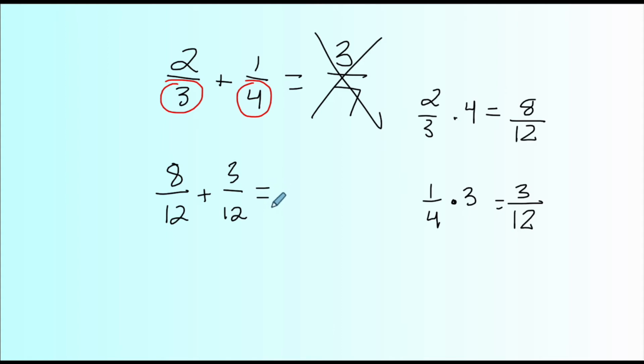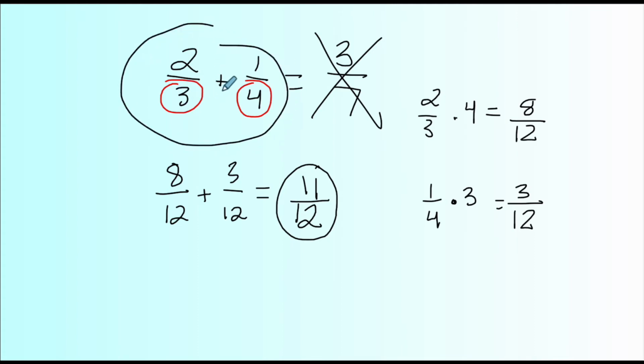When you add or subtract fractions, it works the same way for subtraction. The denominator, the number on the bottom, is going to stay the same. So I've got twelfths. How many twelfths do I have? Well, I have 8 of them and 3 of them. So in total, I have 11 twelfths. So the answer to our original problem, 2/3 plus 1/4, is 11 twelfths.